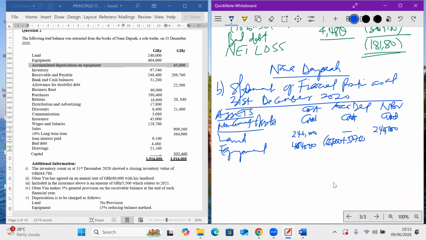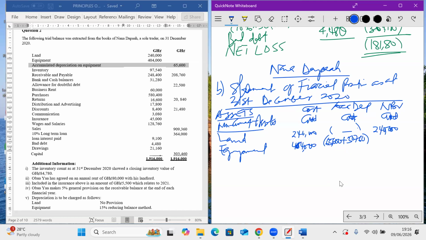So on your calculator, you make it 404,000 minus 65,600 minus 50,760, or 404,000 minus bracket 65,600 plus 50,760 bracket close. We have to subtract both depreciations from the 404,000.